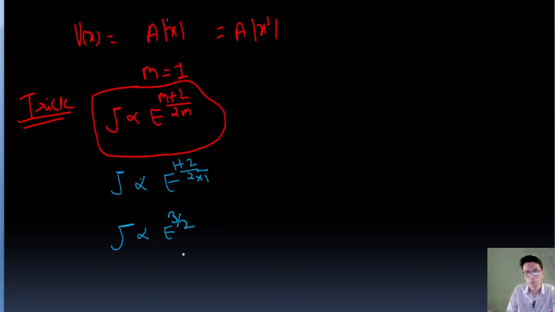So J is proportional to E to the power 3 by 2. It is the angular momentum. This trick you need to note down.